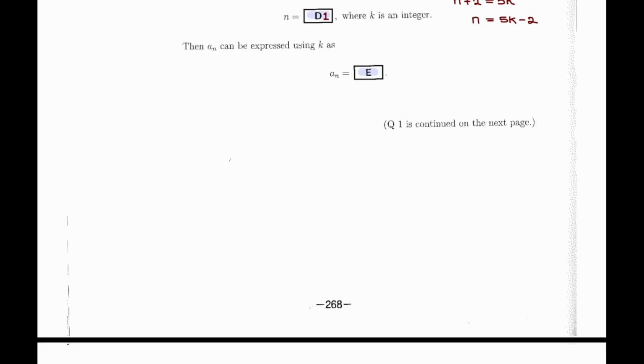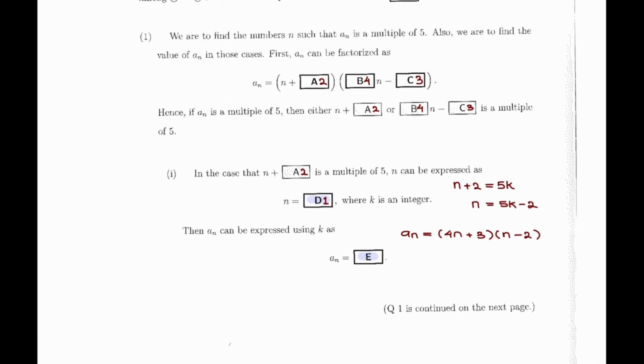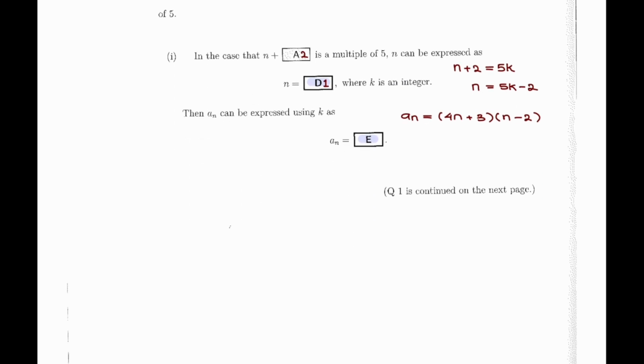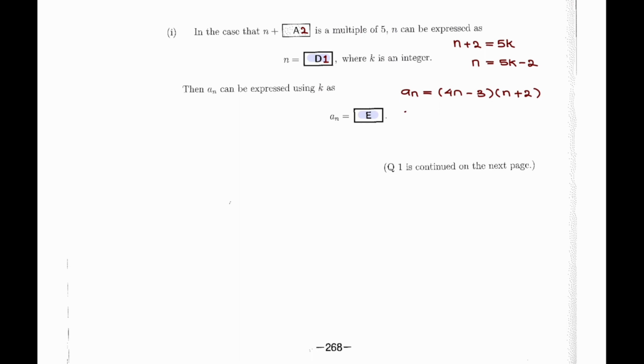So an is equal to 4n minus 3 times n plus 2. If I substitute n by 5k minus 2, then I will obtain 4 times 5k minus 2, minus 3, times 5k minus 2, plus 2. You can cancel out the minus 2 and plus 2 here.